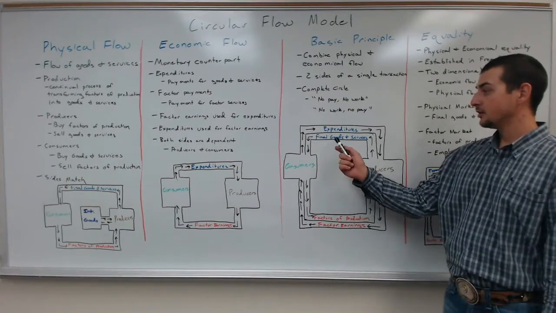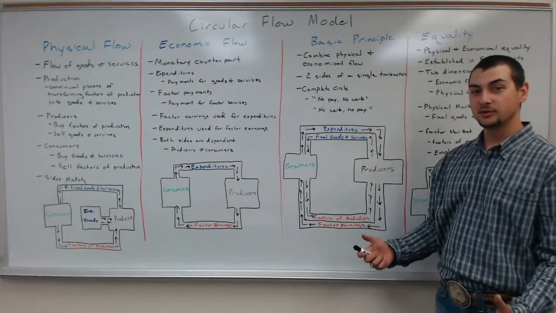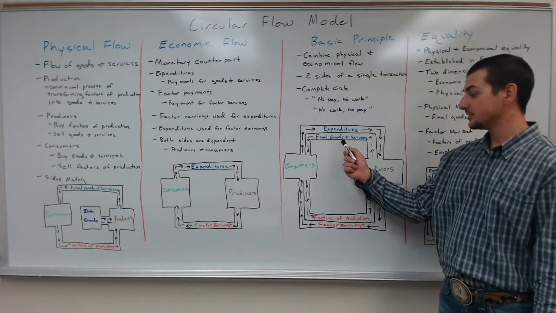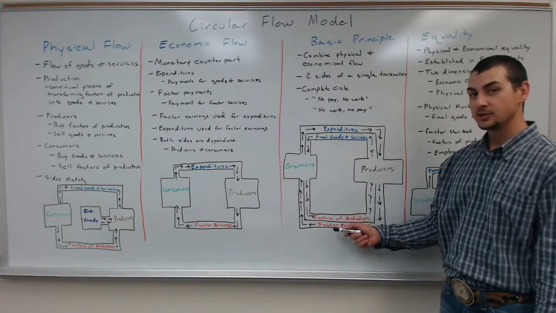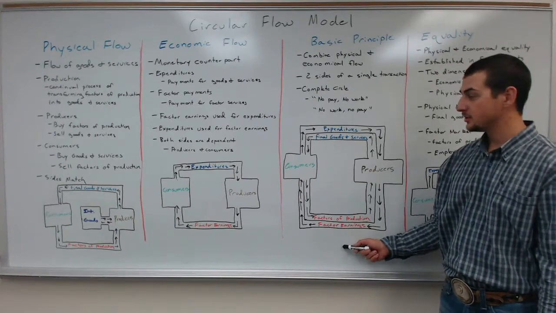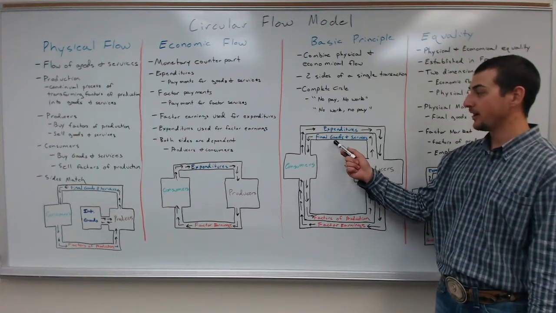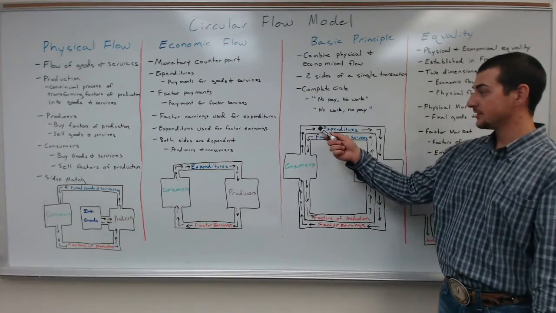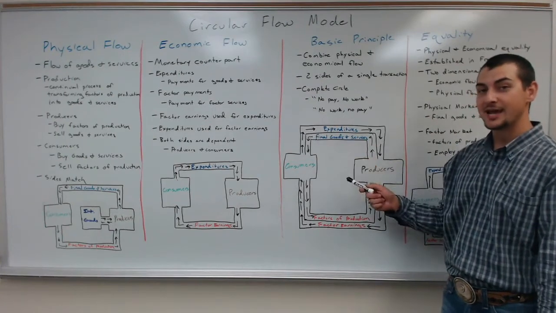Producers are going to say, no work, no pay. And what we find is that we have this complete circle: for producers to produce final goods and services, they must receive factors of production, and the only way they receive factors of production is if they pay factor earnings. Consumers want to buy these final goods and services, and the only way for them to buy final goods and services is to pay these expenditures. So this is the economic and the physical flow happening simultaneously, at the same time.